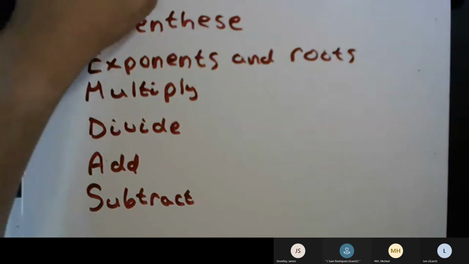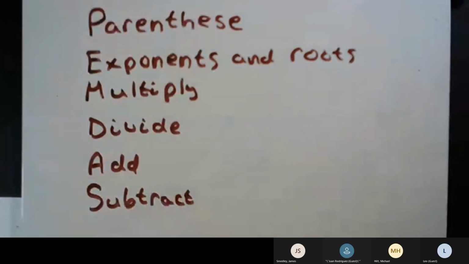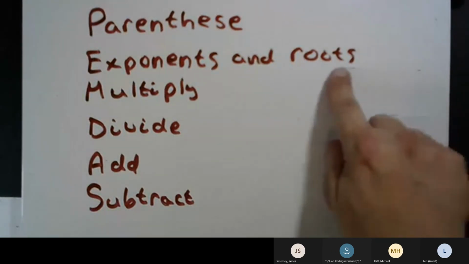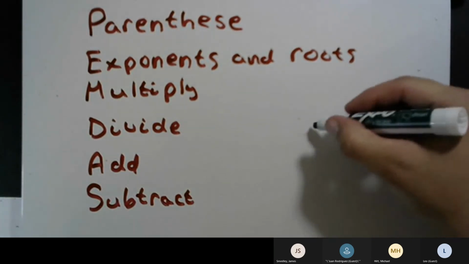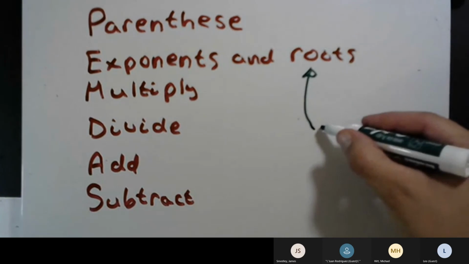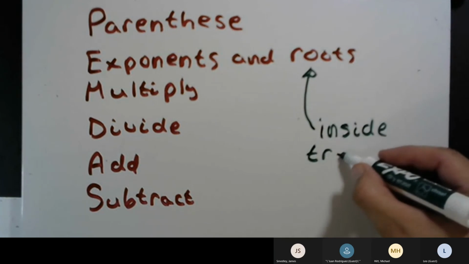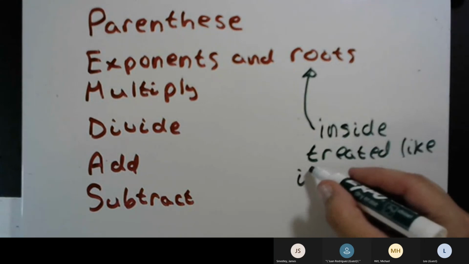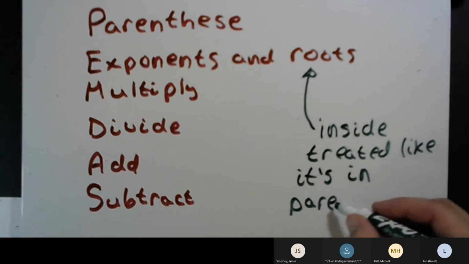All right. Just looking at the homework problems, trying to think of some good ones here. This might work. The only thing I'm going to mention, though, is that the insides of square roots act like parentheses, or the inside is treated like it's in parentheses.